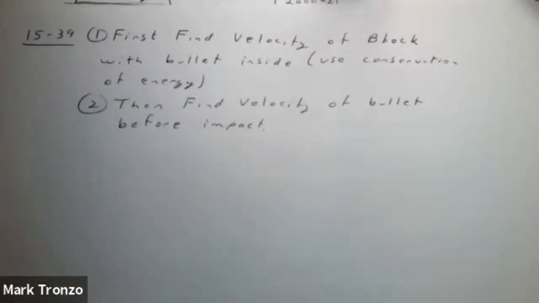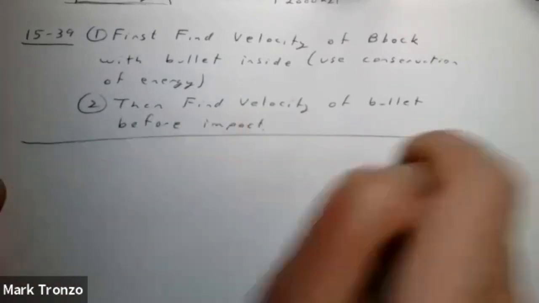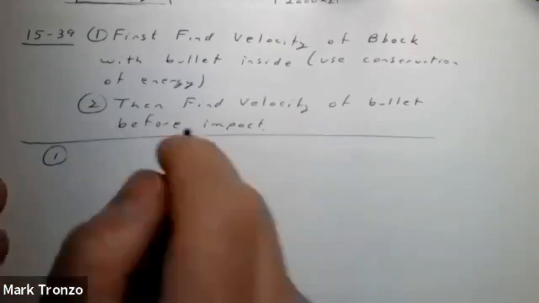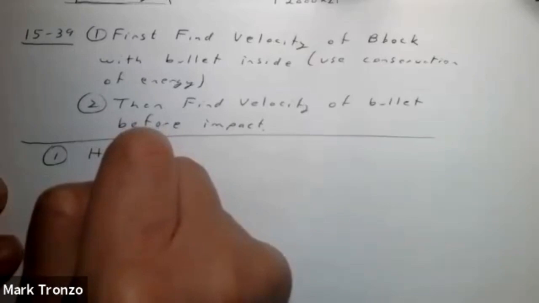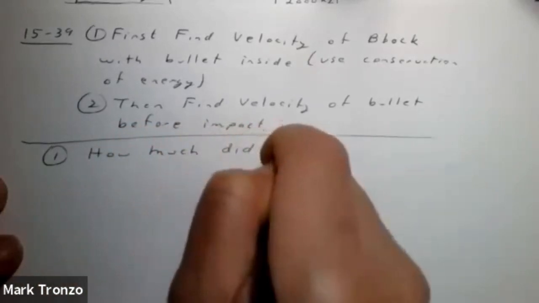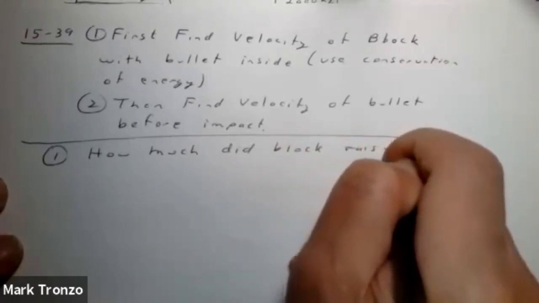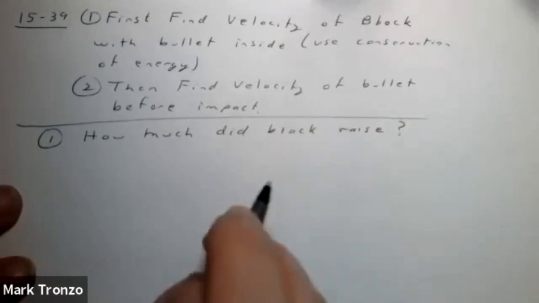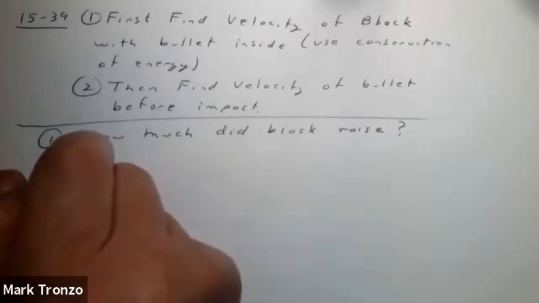To do step 1, we have to figure out how much the block has raised up. So, how much did the block raise? We just have to use some basic geometry.